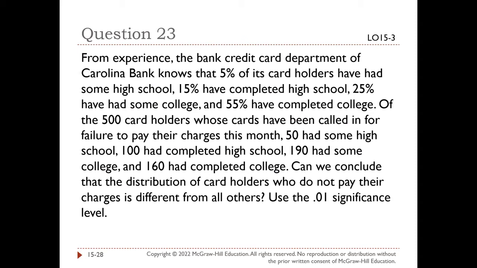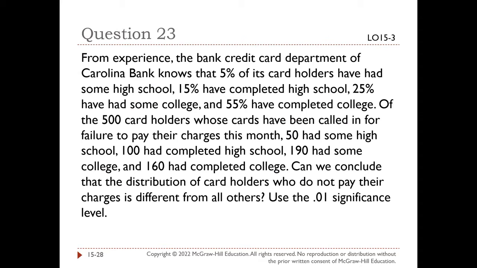Okay. From experience, the card department of Carolina Bank knows that 5% of its cardholders have had some high school, 15% completed high school, 25% have had some college, and 55% have completed college.